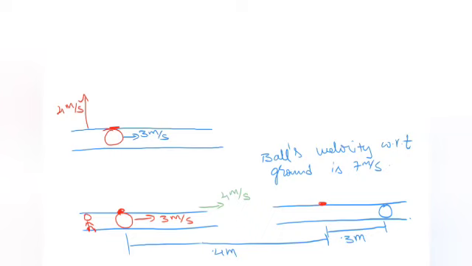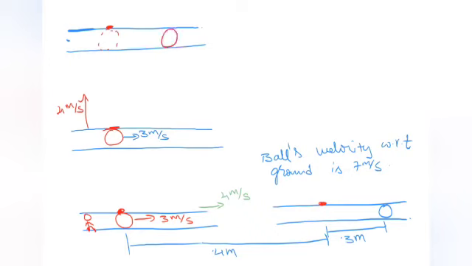Now what would happen after some time? The pipe will reach here somewhere, and this red dot will appear here somewhere, and you can see the ball. The ball was supposed to be here, but the ball will be here.